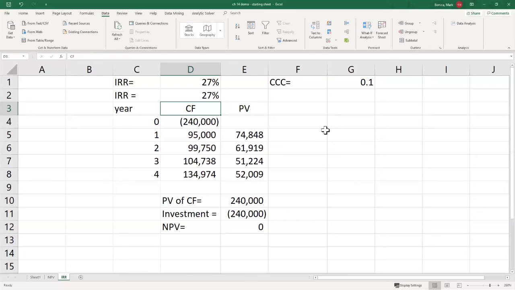The modified internal rate of return works a little bit differently than the IRR. Oh, let me switch views again.